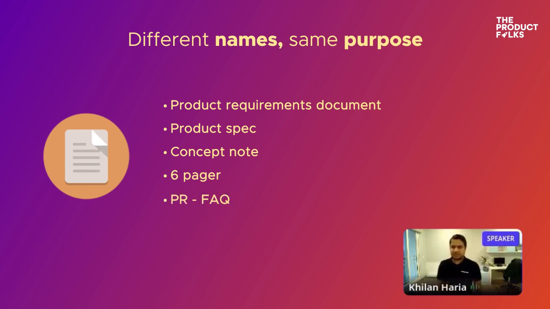Amazon's definitely popularized it. So different ways to arrive at finally a clarity on what problem are we solving, what does the answer look like, and what would it take to build the answer. So I think those are largely the 3-4 top level things that each of these documents will try and address.